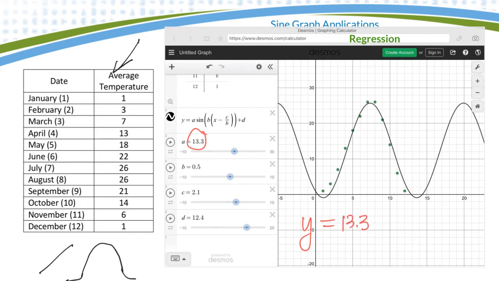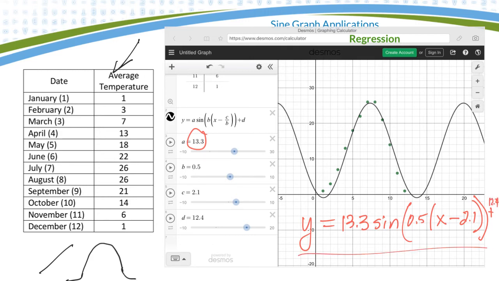So 13.3 sine of, okay, b value 0.5 bracket x minus c is 2.1 bracket plus the d value is 12.4. So I was running out of room there.